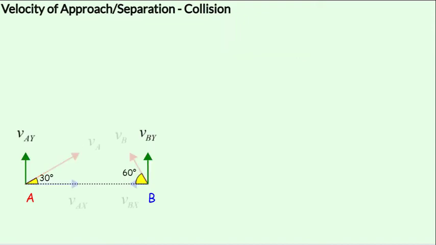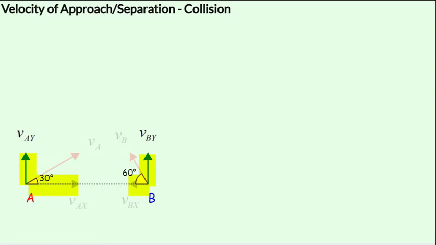Let's say the ball A is released at 30 degrees and ball B is released at an angle of 60 degrees. We resolve both the vectors VA and VB along the line AB and perpendicular to the line AB.